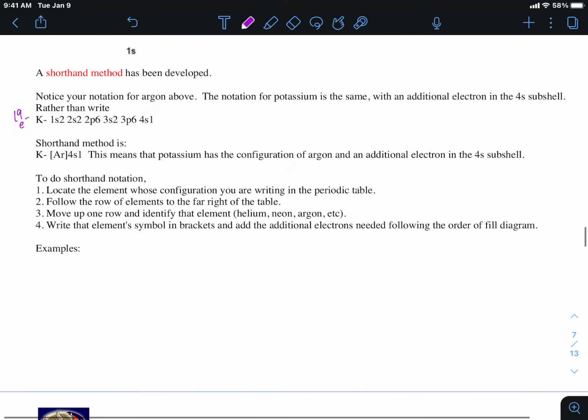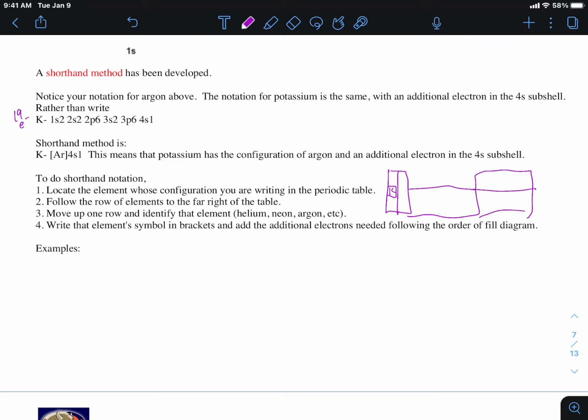So essentially, here's K. If you went to the far right and then moved up 1, that would bring you to argon. So it says write the element symbol in brackets: argon.